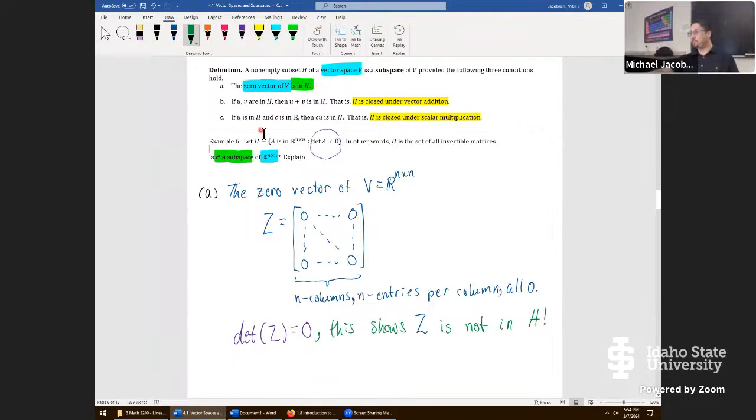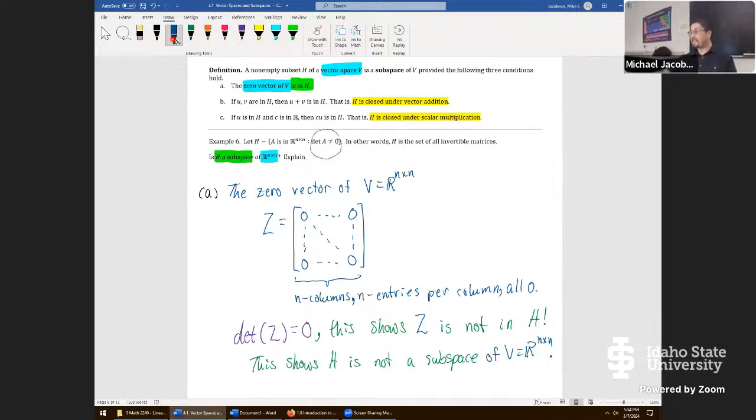There is no possibility H could ever be a subspace. In fact, it's not even a vector space, not with the operations we're used to using. So we'll say here for our conclusion, this shows H is not a subspace of V equals Rn by n.